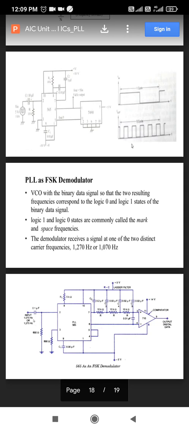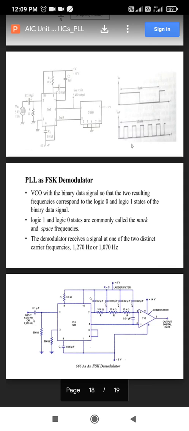Your option, you can use either pin number 2 or 3. Most of the time we use pin number 2.